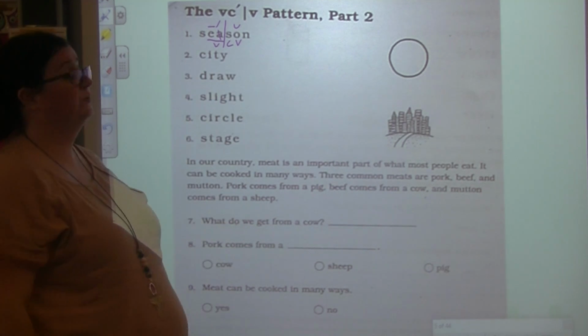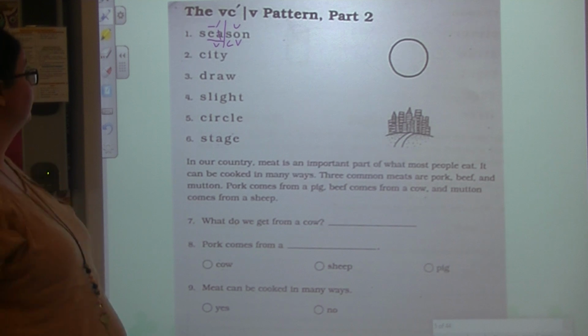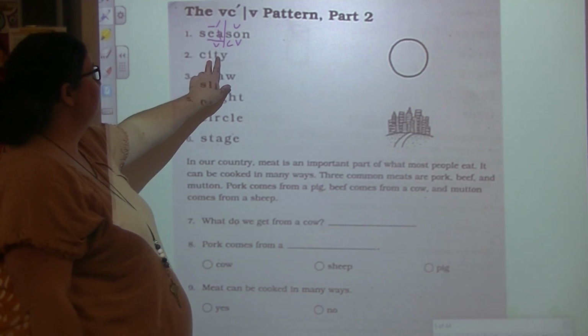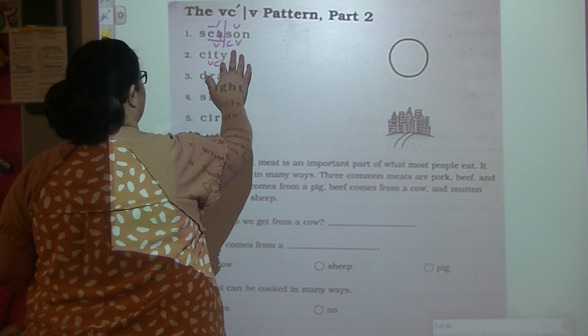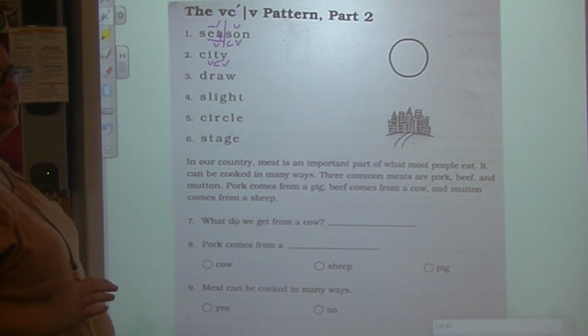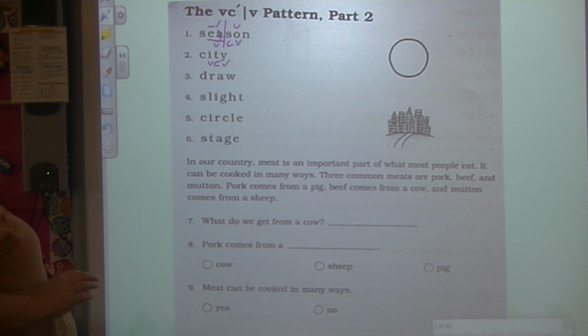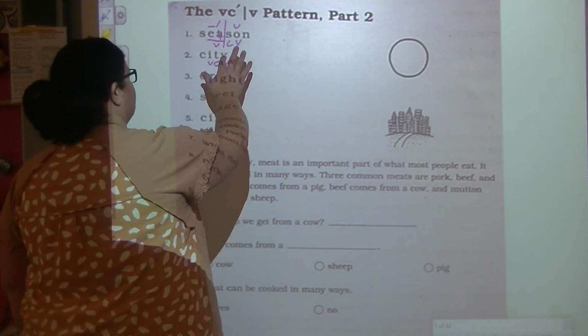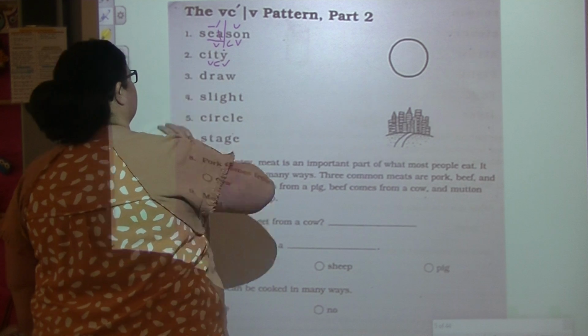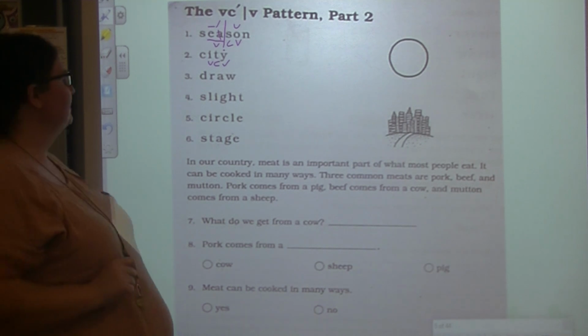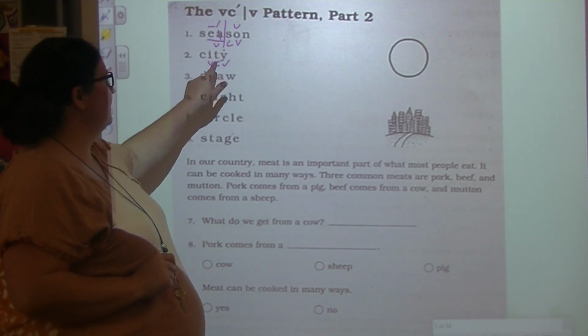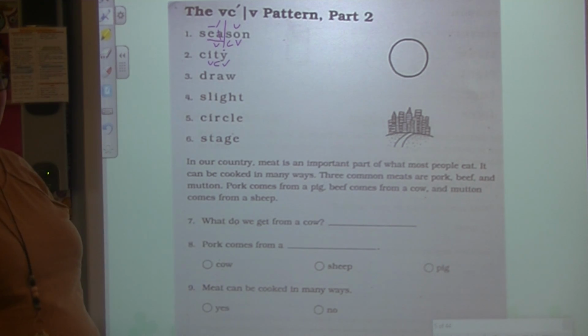Number 2. We have 2 what? Vowels. Label your pattern. It is a vowel, consonant, vowel. Put my dot on my Y because it is a vowel Y. All right. We also have C followed by I. What are we going to do to that C? It's a soft C, Sadia.